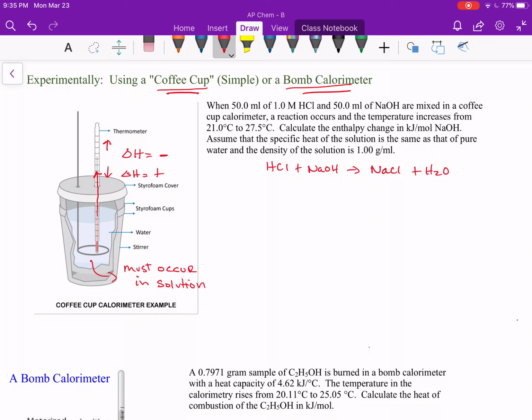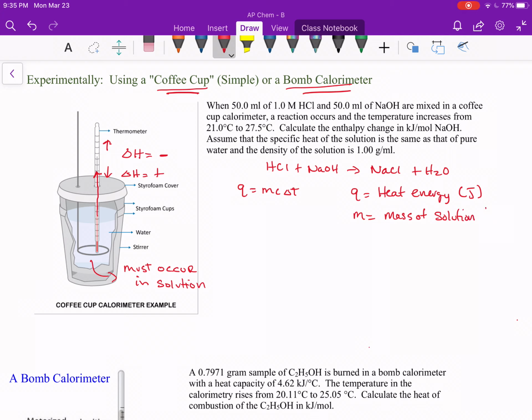Now, anytime that we're working with a coffee cup calorimeter, we're always going to use the same equation, that equation of Q equals MC delta T. This should look familiar to you, where Q is going to be heat energy, measured in joules. M is going to be equal to the mass of solution.